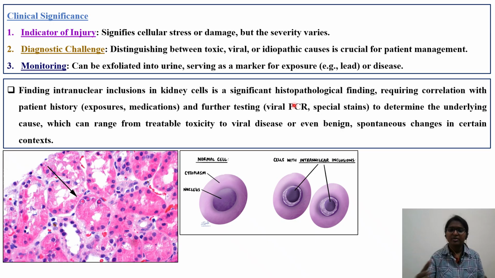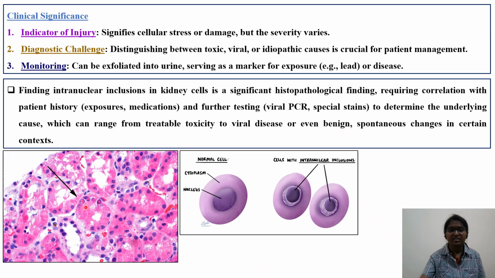The pathologist will be reading these slides, requiring correlation with patient history. Then you have to check the patient history, and do further testing, viral PCR and special stains, to determine the underlying cause, which can range from treatable toxicity to viral disease or even benign spontaneous changes in certain contexts.